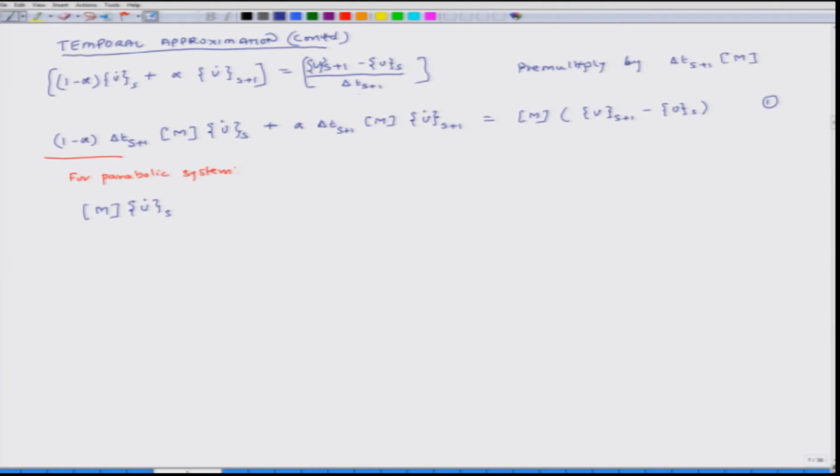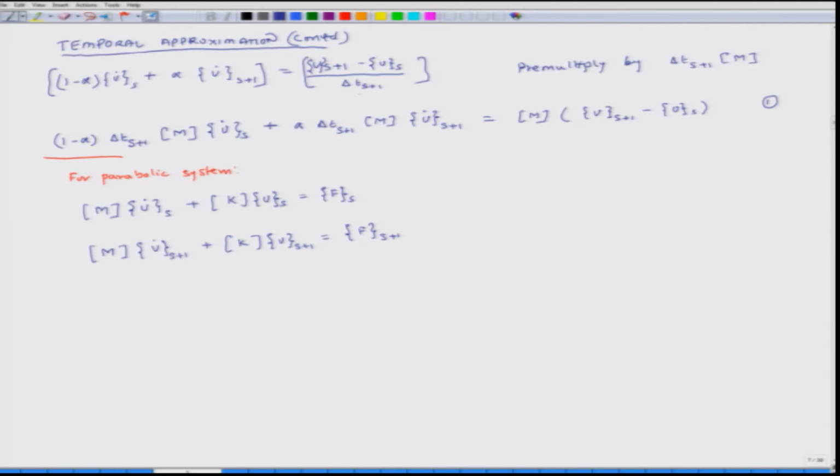First I will write the equation at time step number s. So this is M U dot plus K times U at the sth time step is equal to F at the sth time step. And then the equation is also true at the next time step, so I will write that also: M times U dot at time step number s plus 1 plus K times U at time step number s plus 1 equals F at time step number s plus 1.